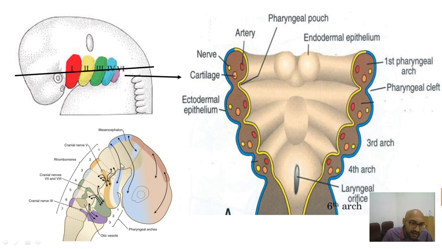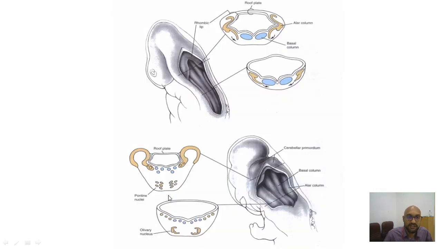And the parts of the neural tube that come and innervate these, either for the sensory aspects or the motor aspects of the pharynx and structures related to it, they develop from a separate group of neurons, which is why they are known as special.